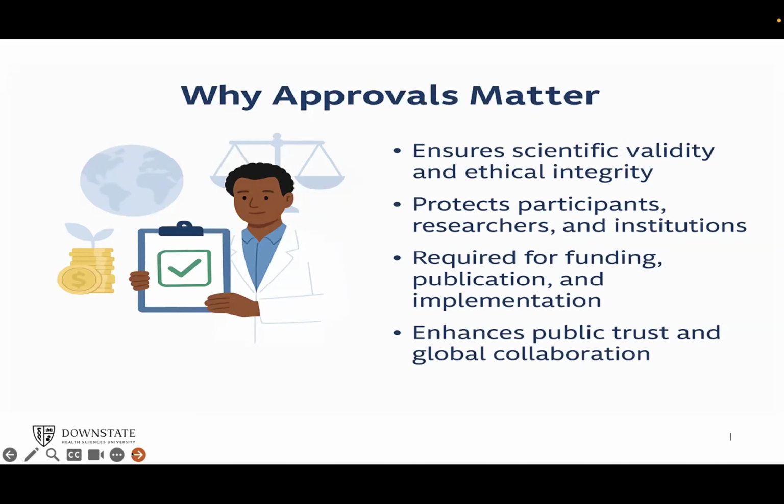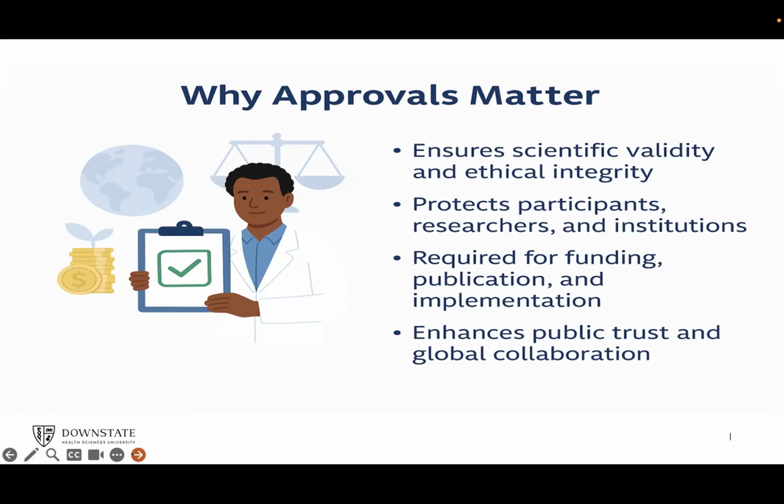So why do we need to go through all of these steps? Number one, to make sure the science is tight, to ensure scientific validity and ethical integrity. For a lot of journals, you can't publish if you don't acknowledge that you've gone through this process. More importantly, from my perspective, sitting on an IRB, it is all about protecting participants.